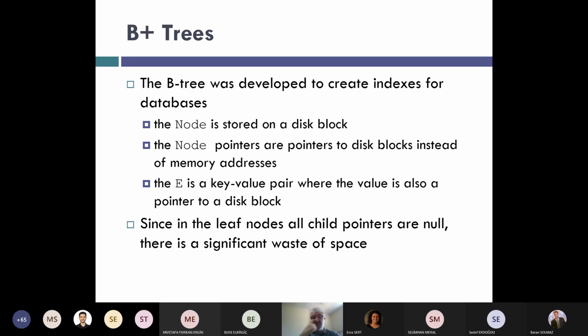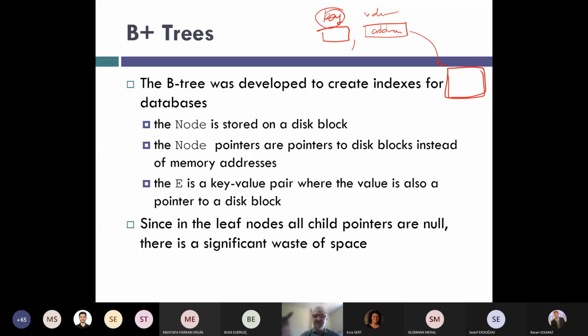As I said before, when we store the values in a secondary storage, each node keeps a key value, which is the search key, and a value as the address of the element that has this key value.